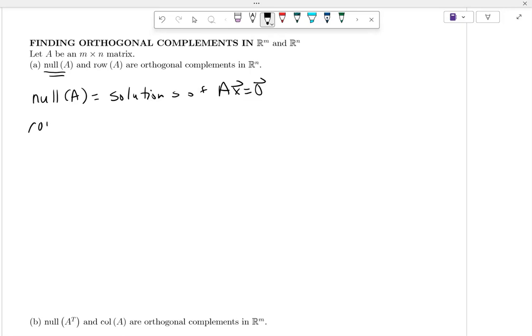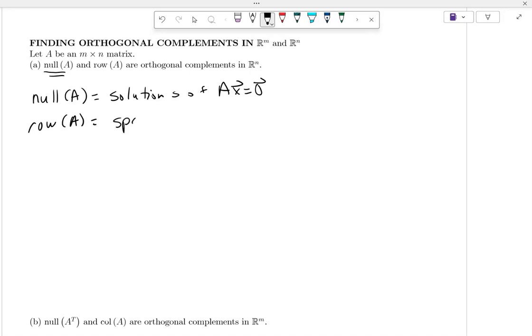Row space, again, was what? The dimension of the row space is the number of pivots, but literally, what space is the row space? Yeah, the span of the row vectors.